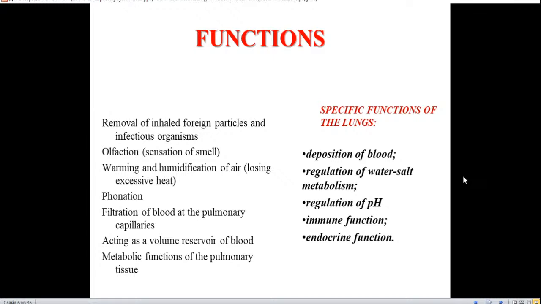Except breathing, the specific functions of the lungs are deposition of blood, regulation of water-salt metabolism, regulation of pH, immune function, and also endocrine function.